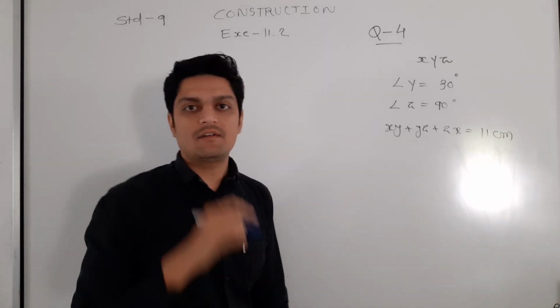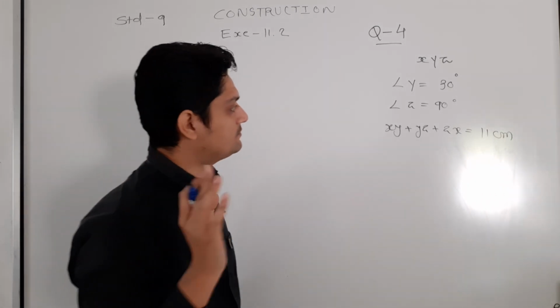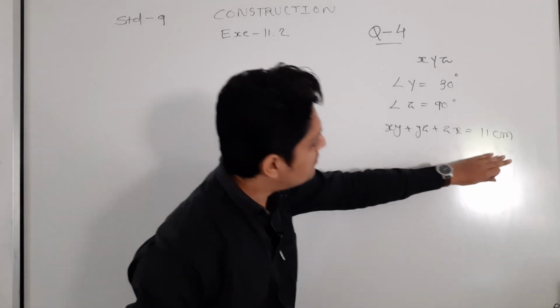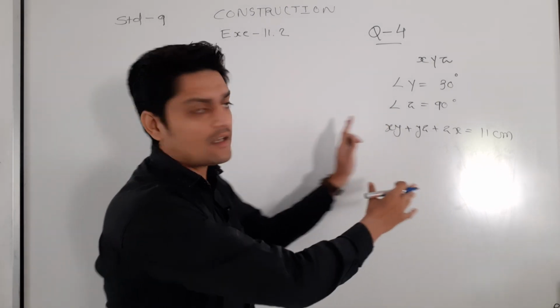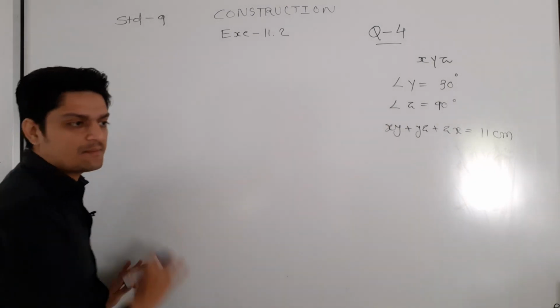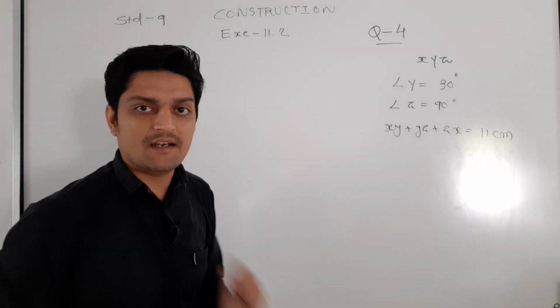Now, as the white space is getting less here, I will not write these things here. I will draw the construction in this part so you can see it clearly.